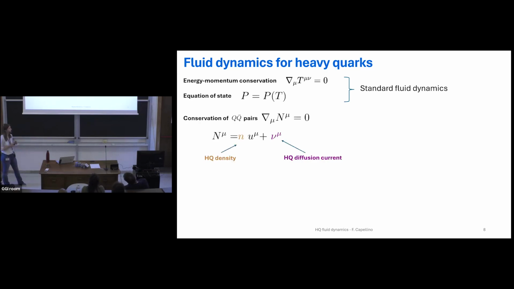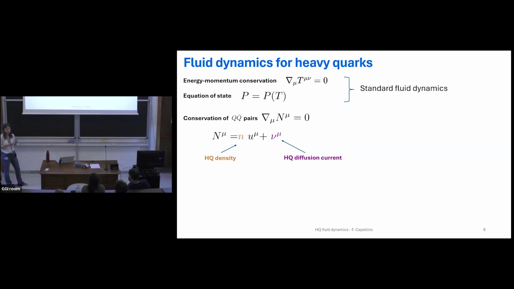And then we need some additional equation for the heavy quark sector. So in particular, we consider a conserved charge that is the total number of heavy quark anti-quark pairs in the medium. And this is because the heavy quarks are too heavy to be produced thermally within the lifetime of the QGP at these energies, but at the same time, the annihilation processes that would annihilate a heavy quark anti-quark pair are also negligible within the lifetime of the system.